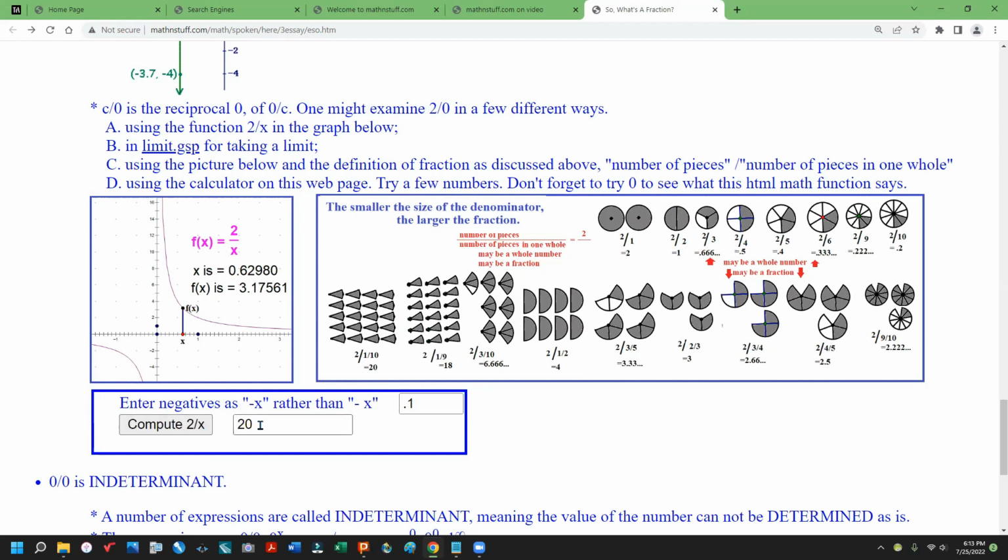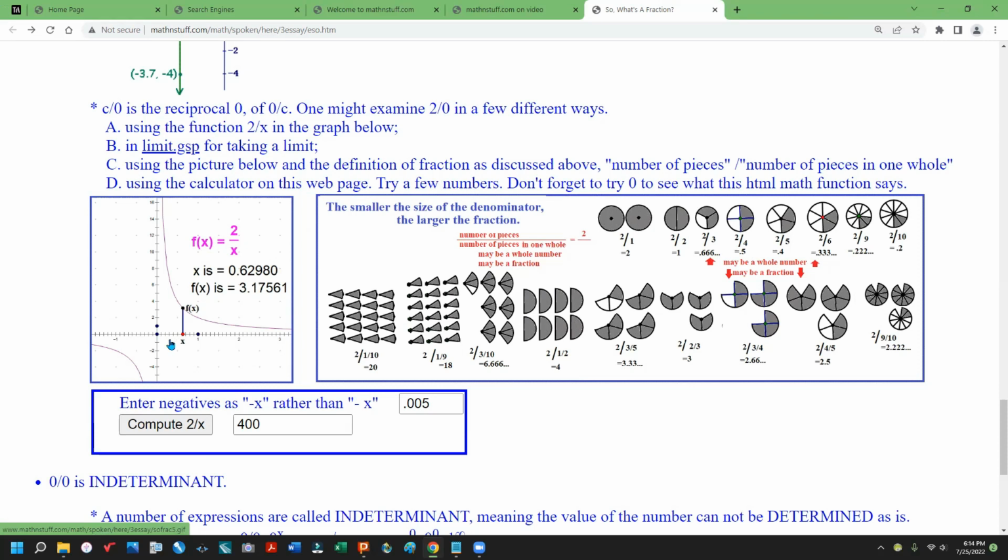We get 20. Let's put in 0.005. That's close to 0. Think about where that is. It should be something really big. 400. And we're not even at 0.